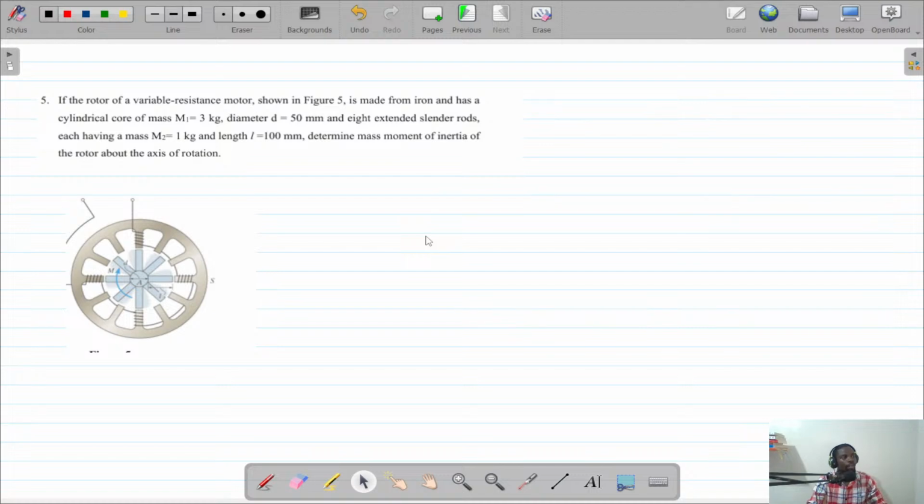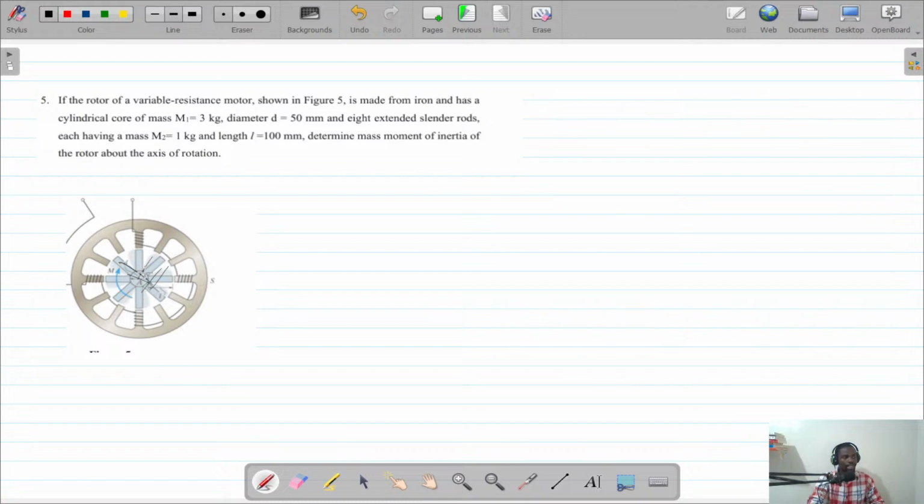If the rotor of a variable resistance motor is made from iron and has a cylindrical core, the rotor is the rotating part of the motor. So this part is what they are talking about.